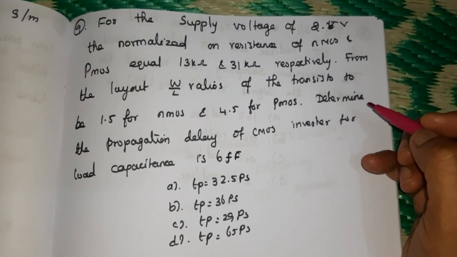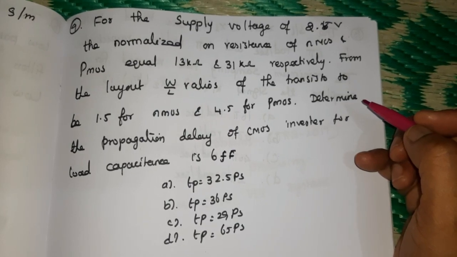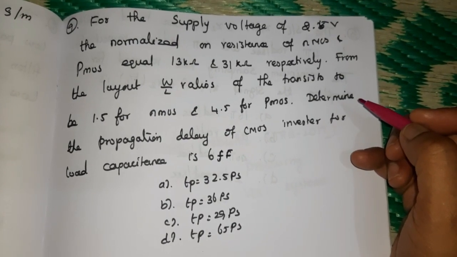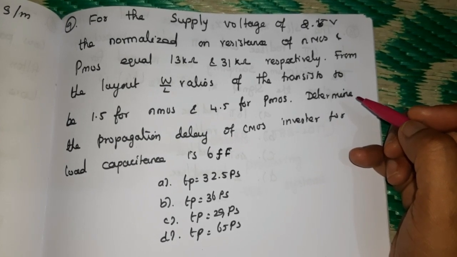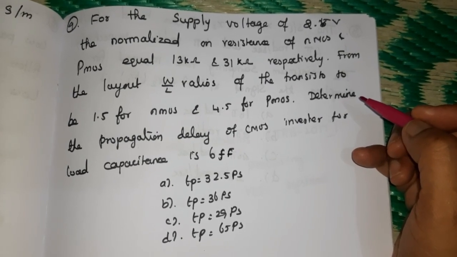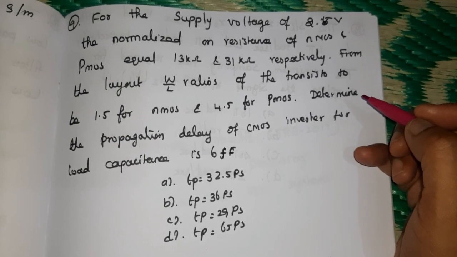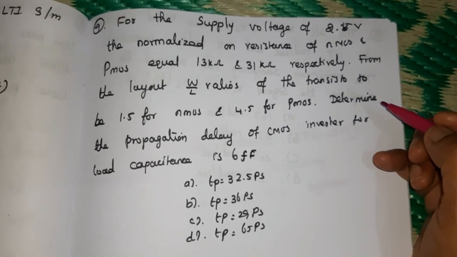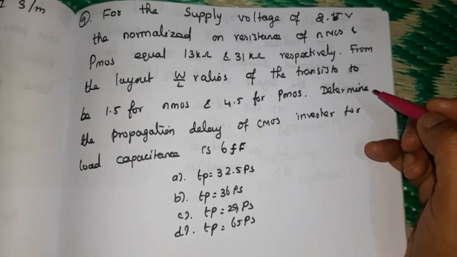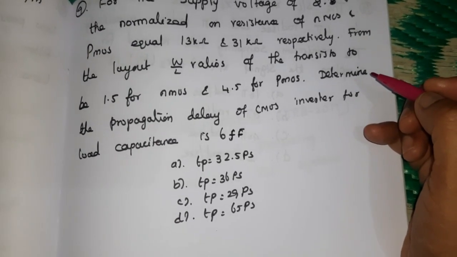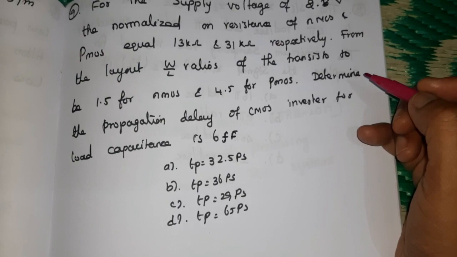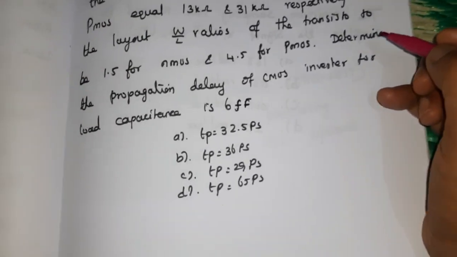And next question: for the supply voltage of 2.5 volt, the normalized on resistance of NMOS and PMOS equal 13 kilo ohm and 31 kilo ohm respectively. From the layout, the W by L ratios of the transistors are 1.5 for NMOS and 4.5 for PMOS. Determine the propagation delay of the CMOS inverter for load capacitance 6 femtofarad.